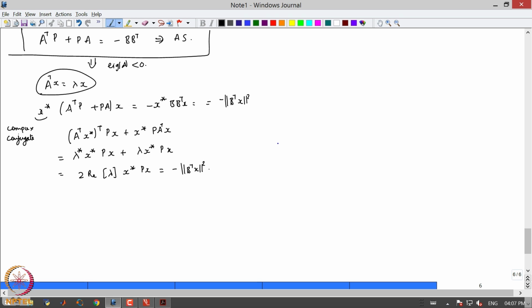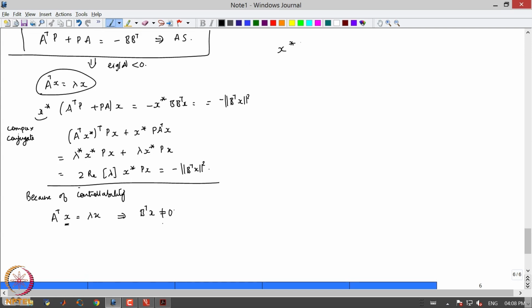Now, because of controllability, what does controllability tell me? If the system is controllable, it means that there is no eigenvector of A transpose which is in the kernel of B transpose, so B transpose x should definitely not be equal to 0. Now look at these expressions here. This is not allowed to be 0 because the system is controllable.